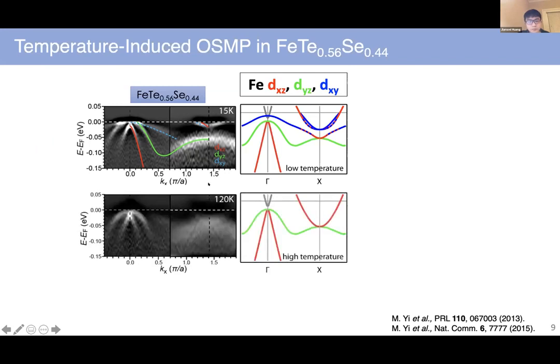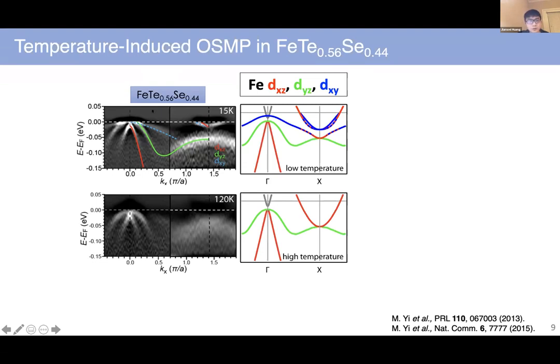With the increase in temperature to about 120 Kelvin, we find the spectral weight of the dxy orbital near the Fermi level is strongly suppressed. And concomitantly, we find that the gap at the endpoint, which is caused by the strong hybridization of the XY orbital with the XZ orbital, also disappears.